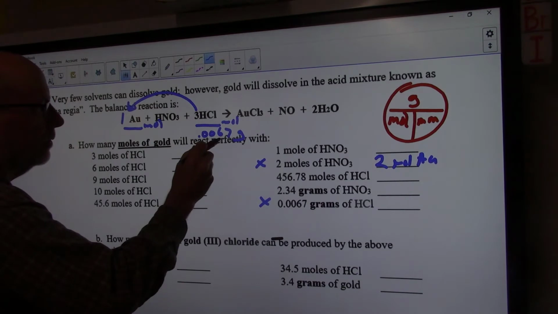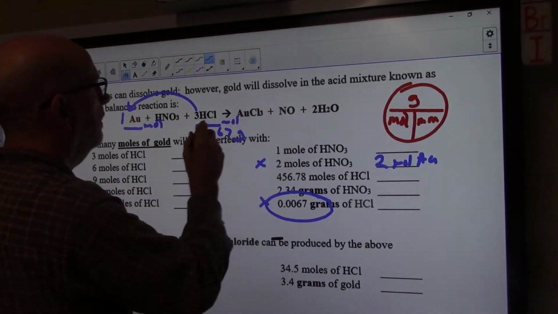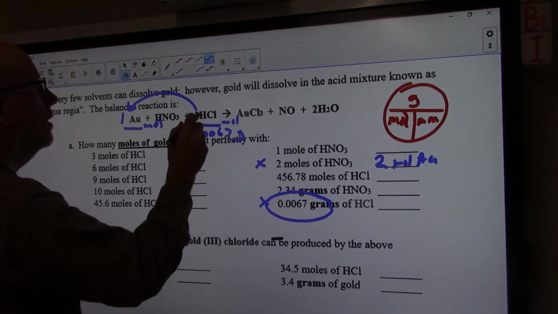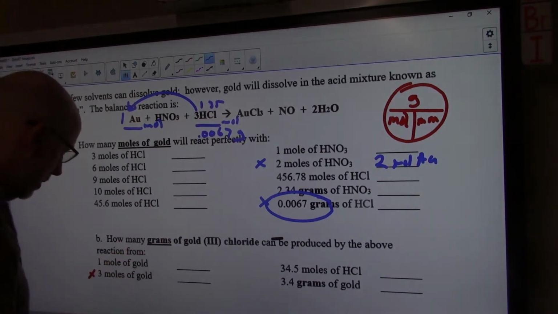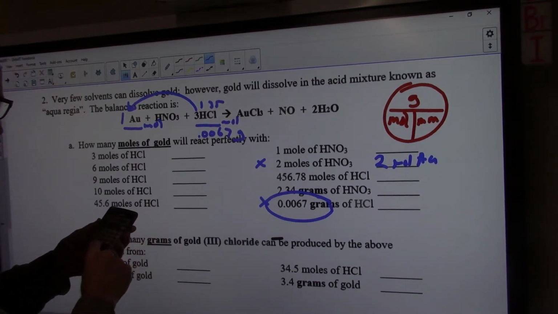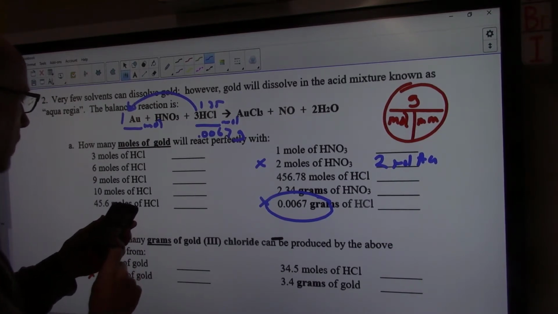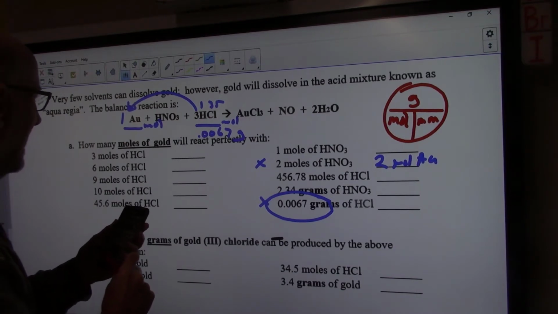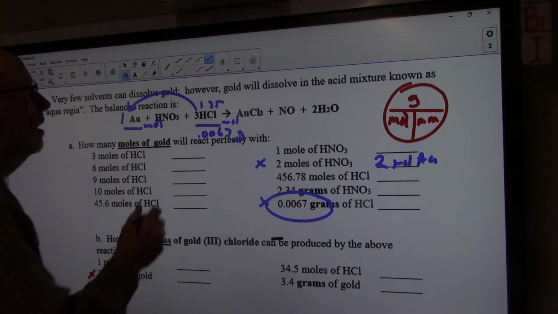So I've got 0.0067 grams given to me, divided by the molar mass of HCl, which is 1 plus 35. Use your periodic table, that's 36. And so my math is 0.0067 divided by 36 equals 0.00019. I'm using 2 sig figs here.